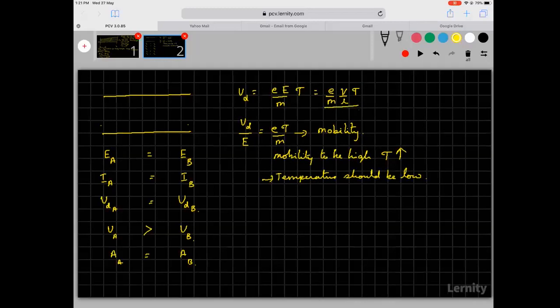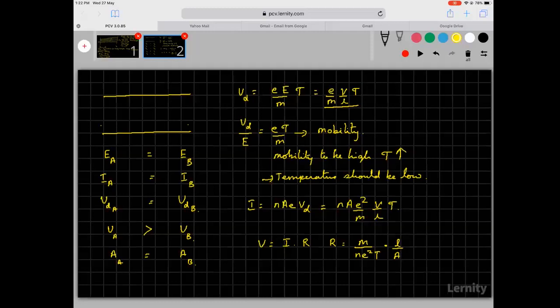So this we have found out. Then already I explained to you I is equal to nAevd. Now vd is equal to this much, so that is equal to nAe squared by m times V by L times tau. Then I said that V is equal to I into R, where R is equal to m by ne squared tau into L by A. I am just rearranging them.